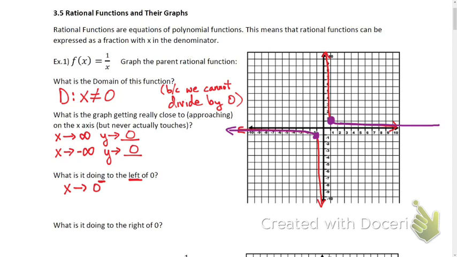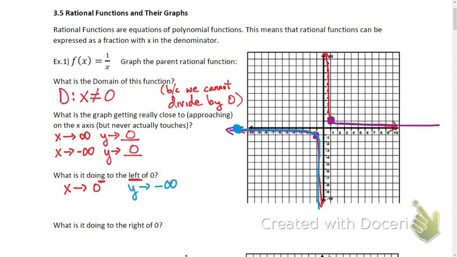Let's look at blue. So I'm sitting right here on the graph, and I'm going to move towards 0 on the x-axis. So the blue line is moving to the right, and all of a sudden it shoots down. That means y is approaching negative infinity.